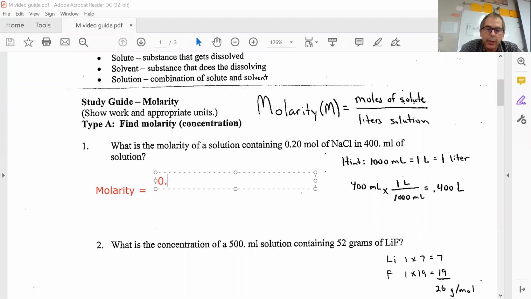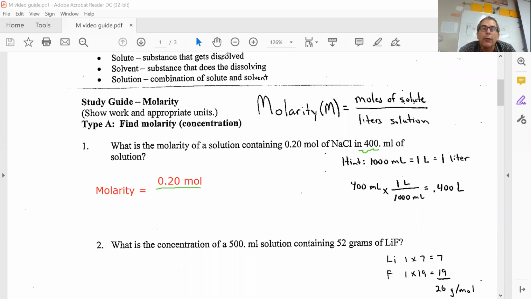And then I have to divide it by the number of liters. Well, I'm given milliliters. Way back at the beginning of the year, we said there was 1,000 milliliters in 1 liter, or one big L. So a couple ways you could do this. You could say 400 divided by 1,000 leaves me with 0.4, or you could just take this 400 and slide the decimal 1, 2, 3 places and say that's going to be 0.4.